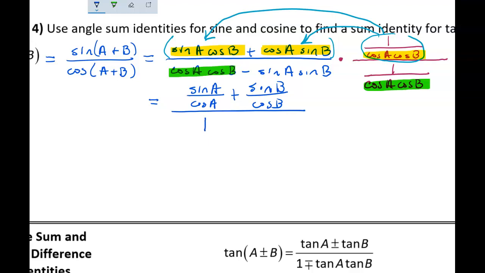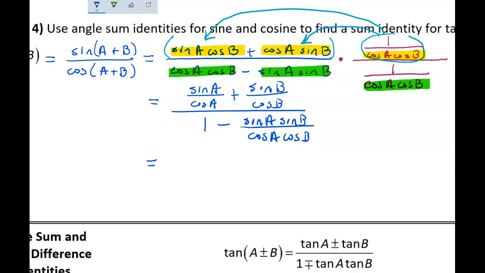Because cosine A cosine B over cosine A cosine B is 1. Bring down that minus, and then what you'll notice is when we distribute to the second term, nothing cancels. That leaves us with sine A sine B over cosine A cosine B.